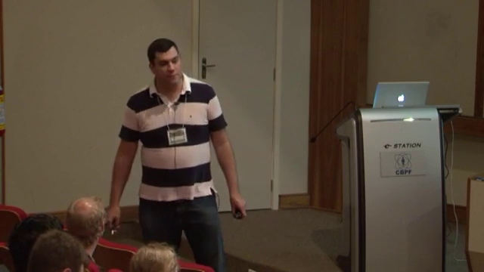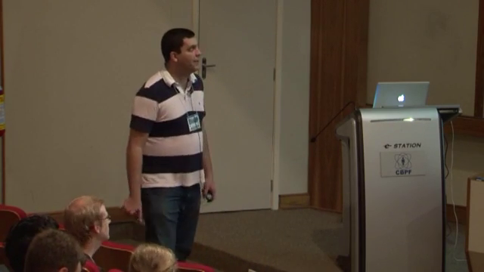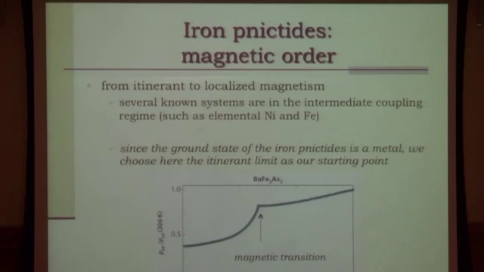Anyway, keep that in mind, because now I'll go back to the pnictides. Now we can discuss the itinerant versus localized magnetism here. As I told you, there are several systems in this intermediate coupling regime, and nickel is another very well known one. Now, the issue is that the pnictides are metals.